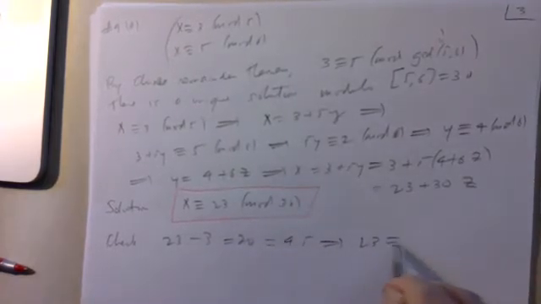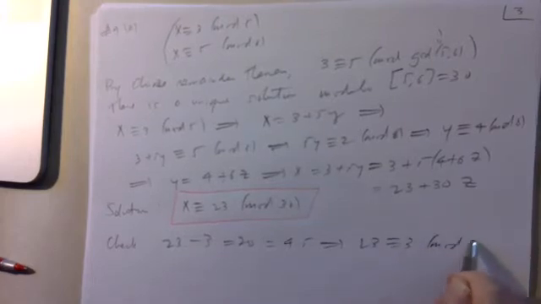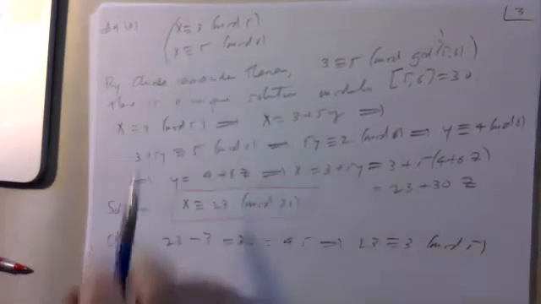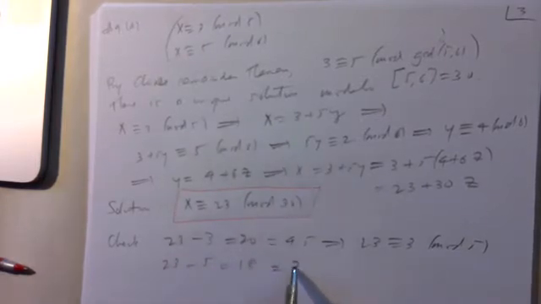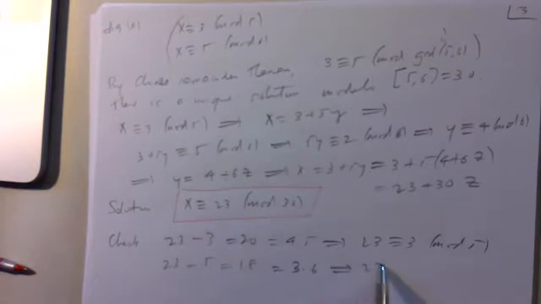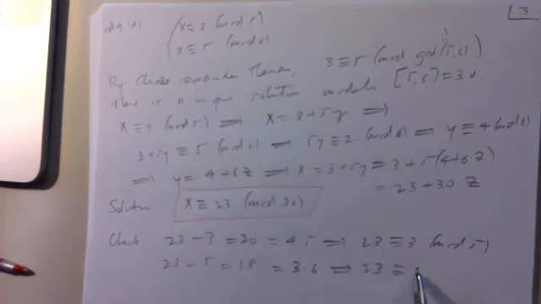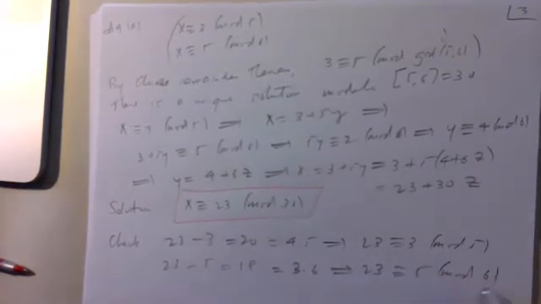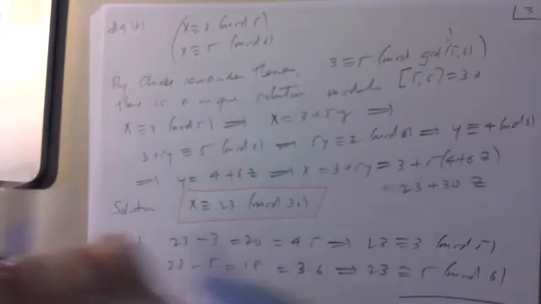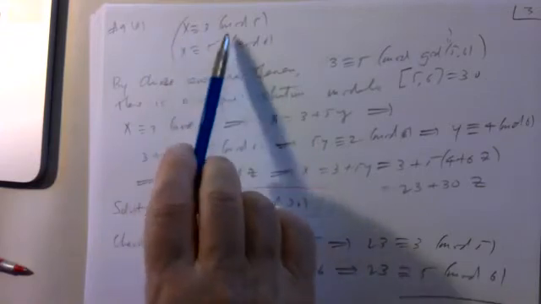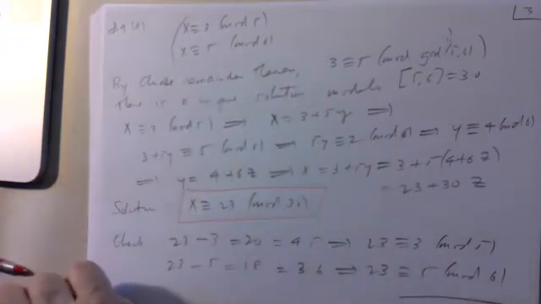So 23 is congruent to 3 mod 5. And 23 minus 5 is 18, which is 3 times 6. So 23 is congruent to 5 mod 6. So 23 is the unique solution of this pair of congruences, mod 30. Okay.